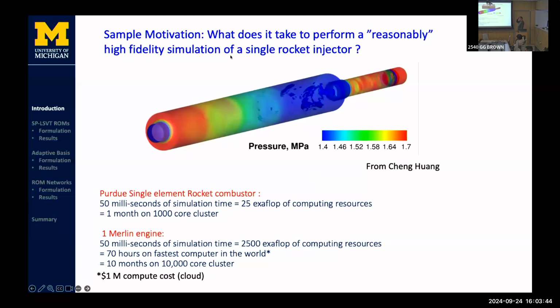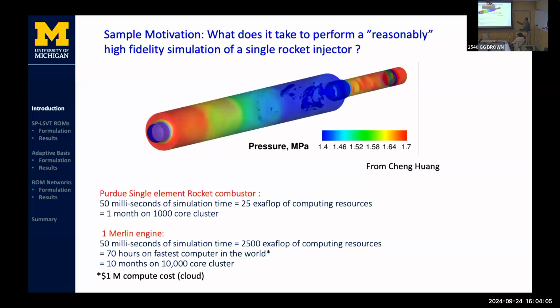And in a real rocket engine, you have 8 such engines, right? So this is basically pretty much an impossible problem to solve, even on some of the most powerful computational facilities in the world. And all of this is just to run one calculation at one condition, right? So it quickly becomes intractable.